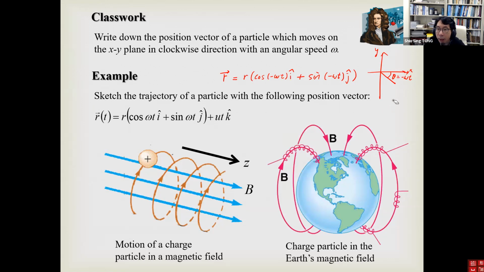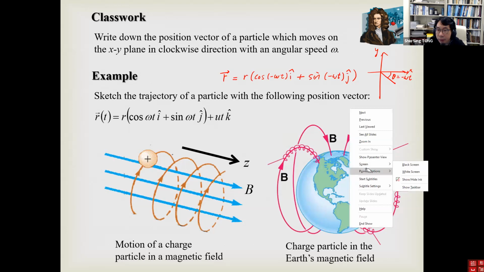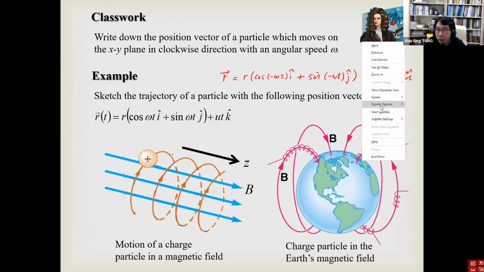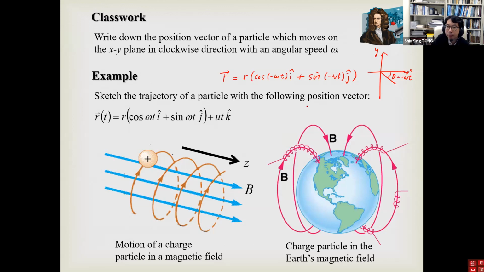The quantity omega, I define it as positive. So the minus omega is negative, okay? So the angle increases to the negative side. So the particle actually rotates in the clockwise direction.